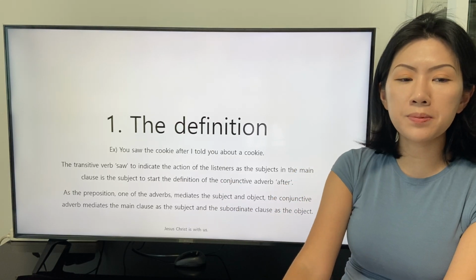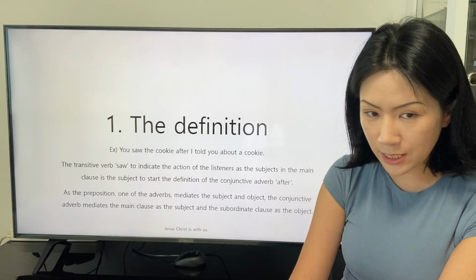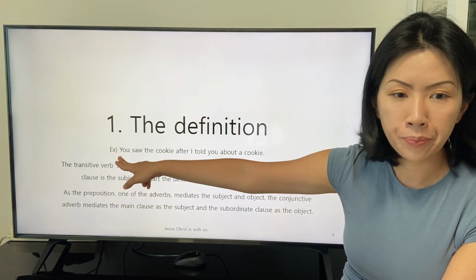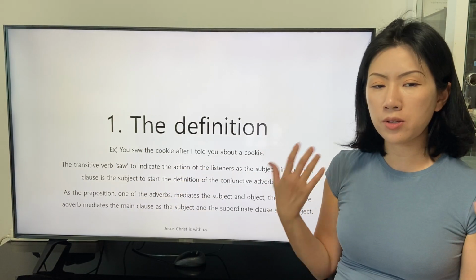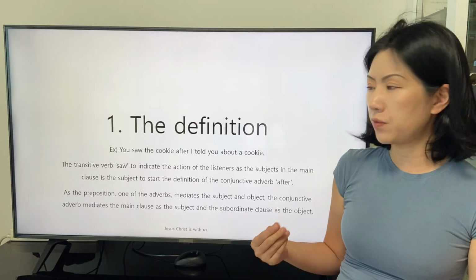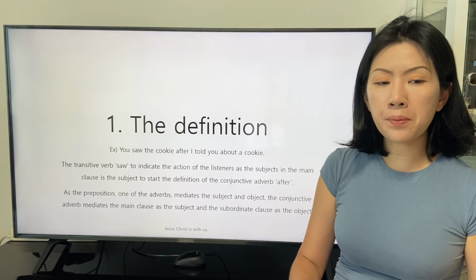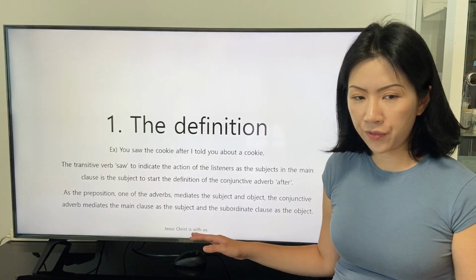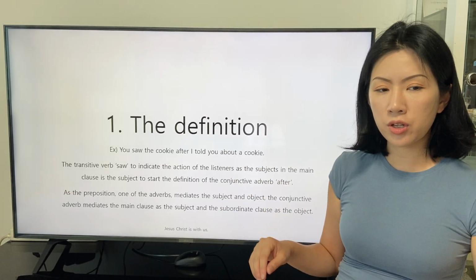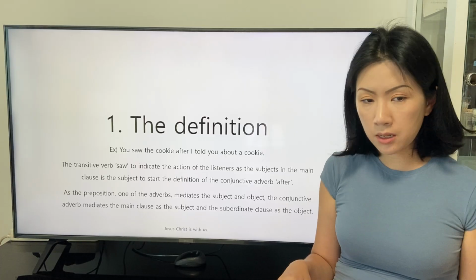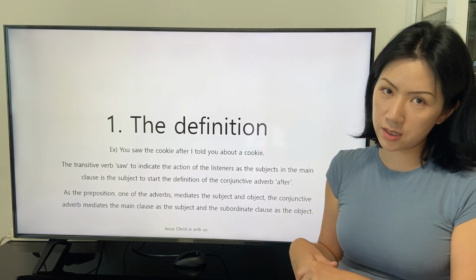The transitive verb saw, to indicate the action of the listeners as the subject in the main clause, is the subject to start the definition of the conjunctive adverb after. As the preposition, one of the adverbs, mediates the subject and object, the conjunctive adverb mediates the main clause as the subject and the subordinate clause as the object.